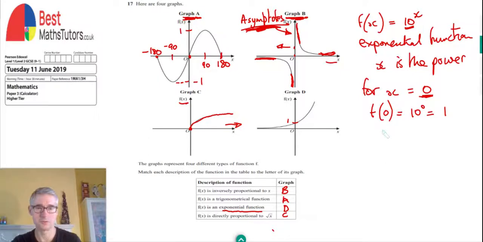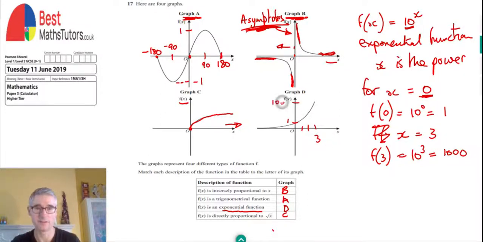We'll look at x equals 3, because the f of x part is going to get large very quickly. So f of 3 would be 10 to the power 3, which is 1,000. So already, by the time x was equal to 3, f of x would be 1,000.